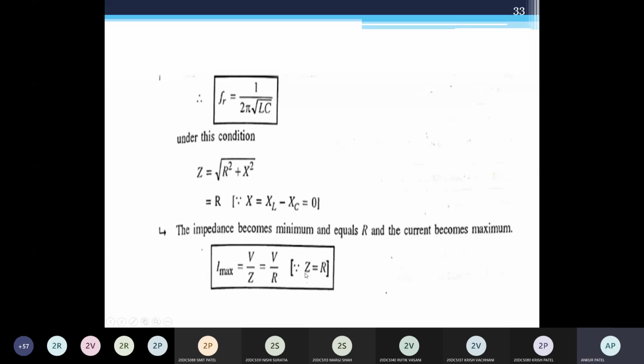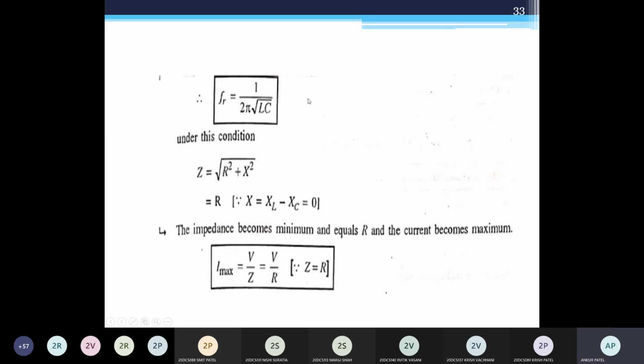But that becomes equal to R. But sometimes they make the mistake if they try by other methods. Okay, you are right. Yes, sir. During resonance we get XL equal to XC, so that becomes equal to 0. But sometimes they make the mistake. But you can write I max is equal to V by R. You need to show this I max during resonance.